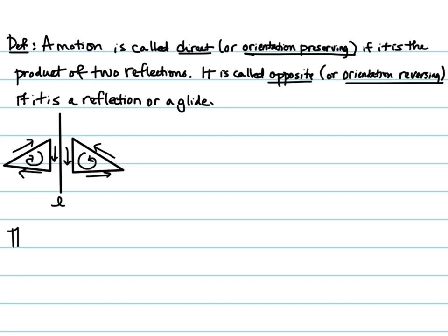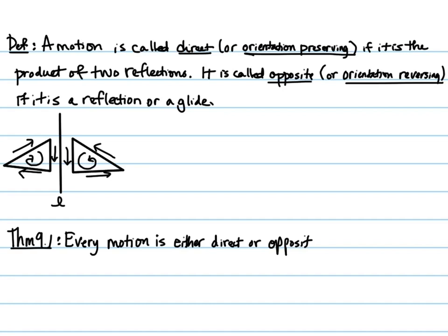So theorem 9.1, every motion, this is what I was just saying, every motion is either direct or opposite, and clearly not both.